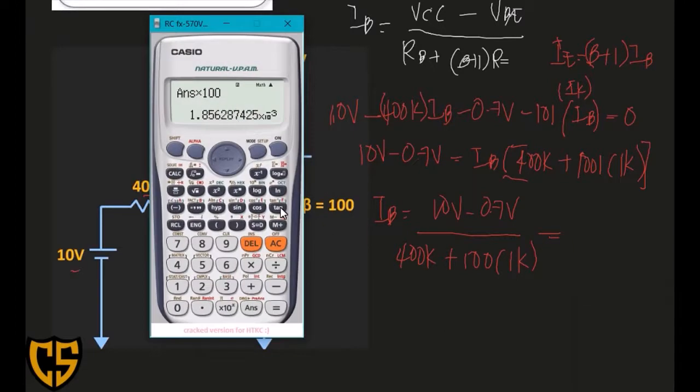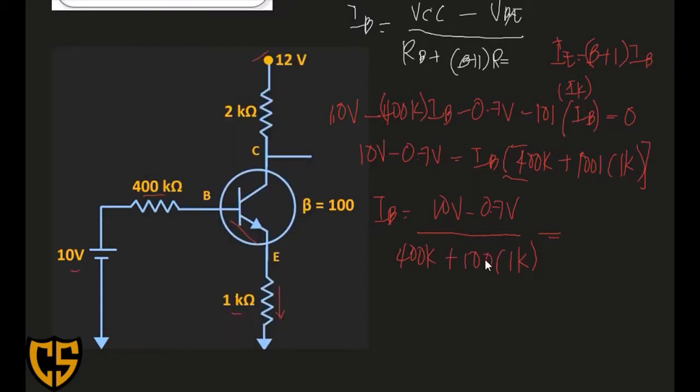We will have 10 minus 0.7 all over 400K plus 101 times 1K. Sa latin copy, this will be 101.